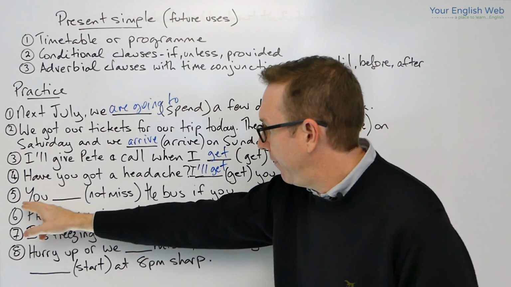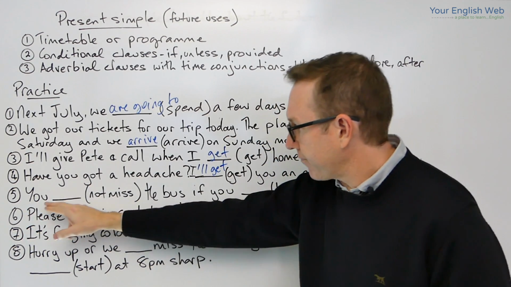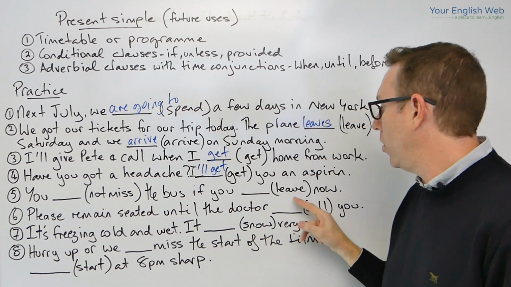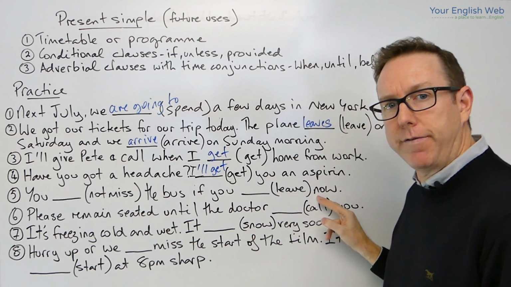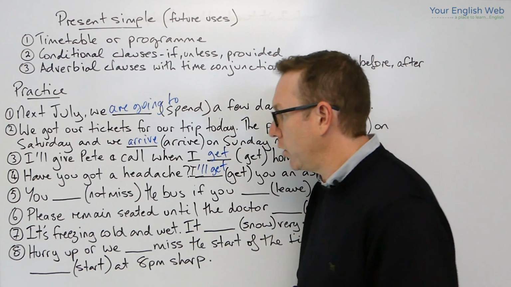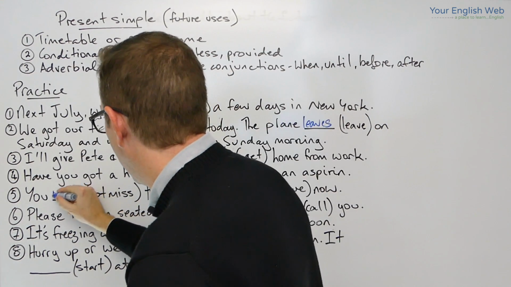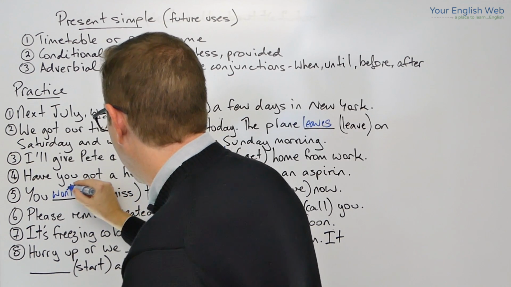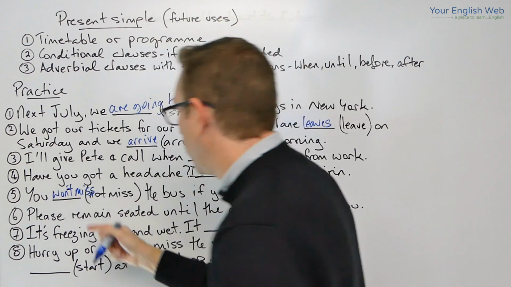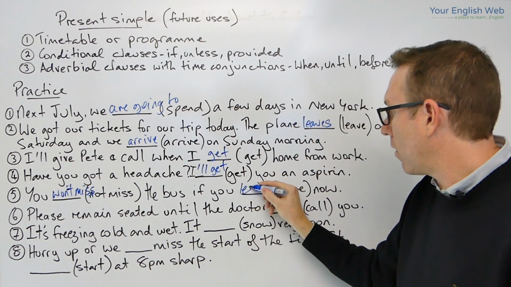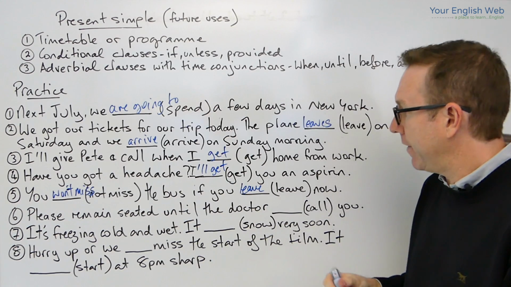Now, the next one, number 5. It's a negative. You won't miss the bus if you leave now. So, which one would we put in here? Let's think. So, you won't miss the bus if you leave now.